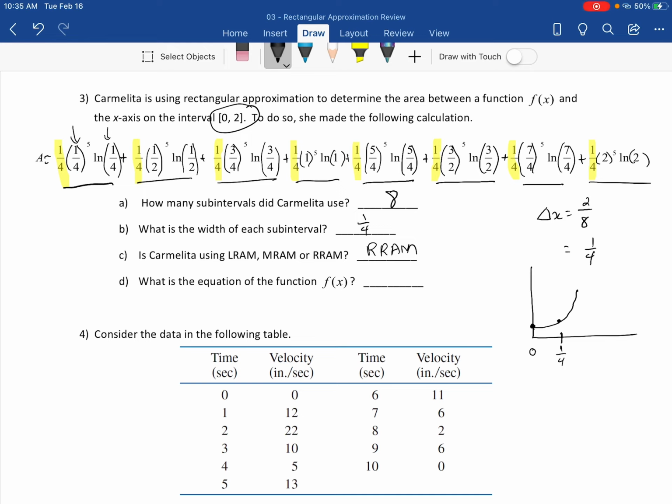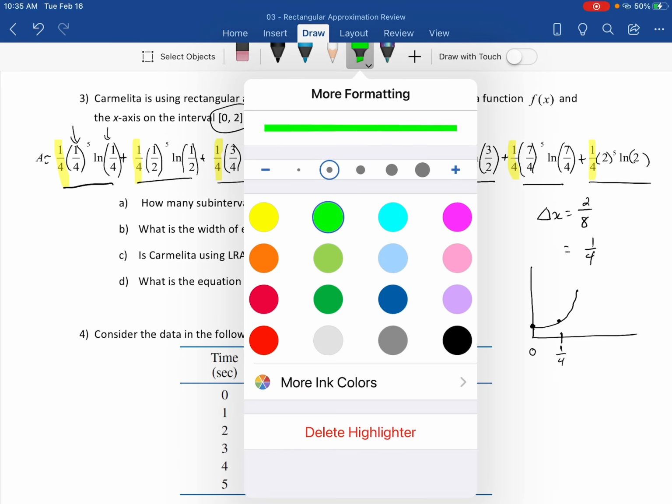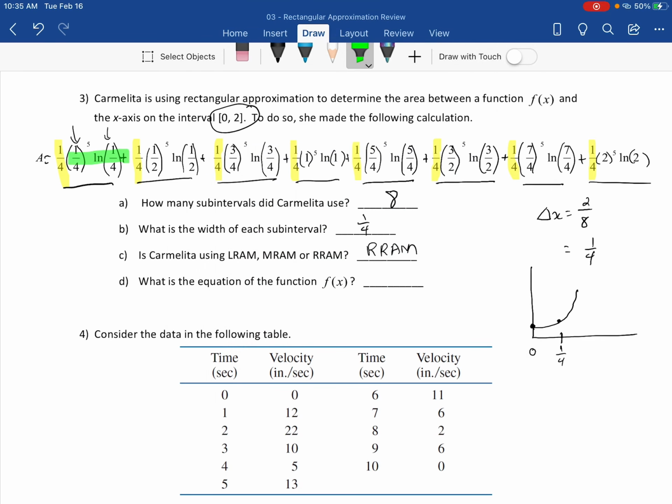And then finally, what's the equation for the function? Well, I highlighted the one part in yellow, so I'm going to highlight the other part in green. That's the part that is the evaluation of the function every single time. I'll just read it out loud, and hopefully the pattern becomes clear: (1/4) to the power 5, ln 1/4, (1/2) to the fifth, ln 1/2, (3/4) to the power 5, ln 3/4, 1 to the power... it's always something to the power of 5, so the function must have been x to the power of 5, and then ln of that same value, so ln of x.